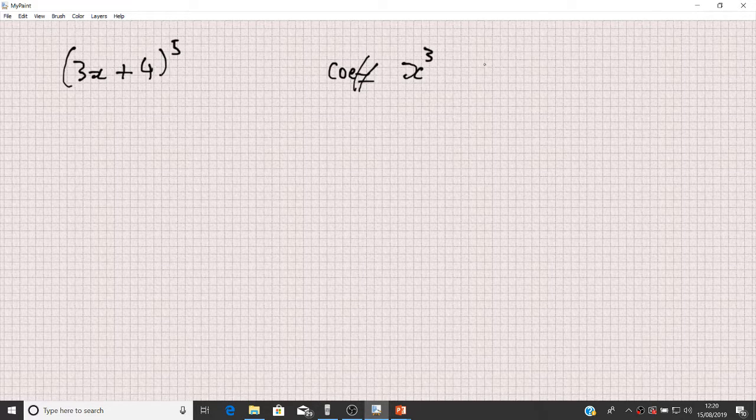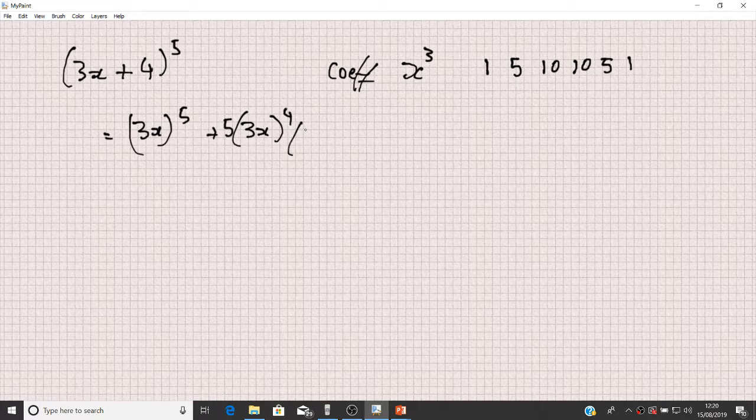Now we could simply go directly to that term. It is the fifth row of Pascal, which we know is 1, 5, 10, 10, 5, 1. And if I just start by saying 3x to the power of 5, plus 5 times 3x to the power of 4 times 4, plus 10 times 3x cubed times 4 squared.